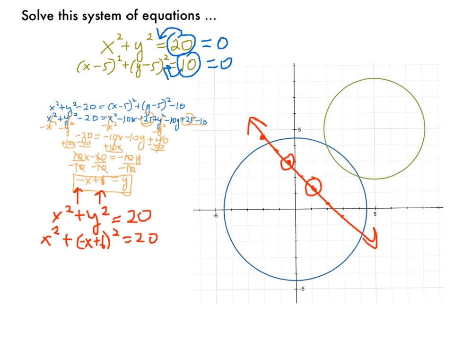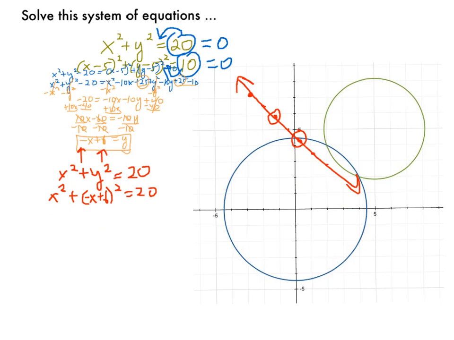All right, well, let's move that up here. What does that give us? That gives us x squared plus, a negative x squared is a positive x squared, negative 6 times x would be negative 12x, and then a positive 36 equals 20.